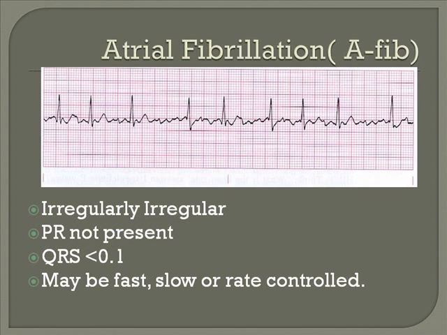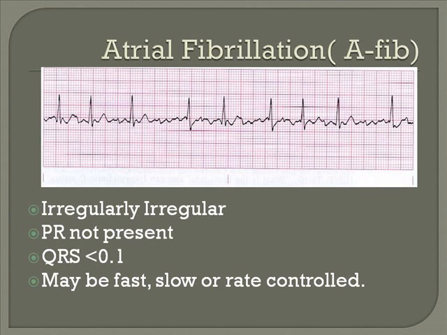Now we are getting into the atrial rhythms. Just as you might remember from the anatomy slide, the sinus node happens to be a part of the atria. There is other neurological tissue in the atria that can also generate beats. This one we are looking at right now is called atrial fibrillation, or AFib for short.